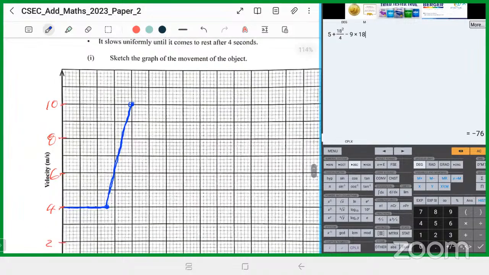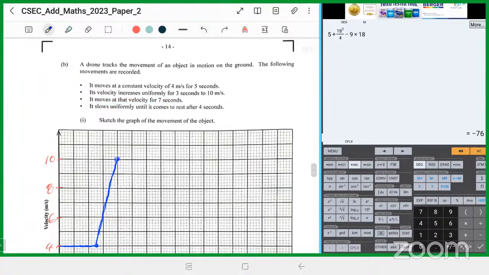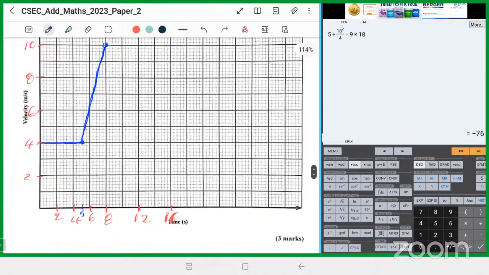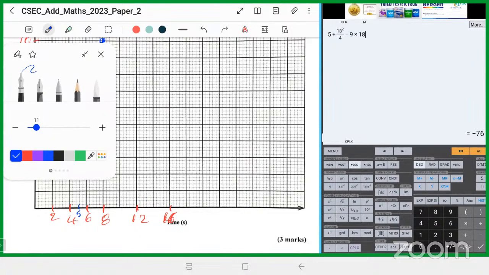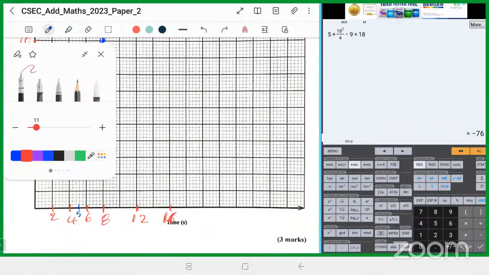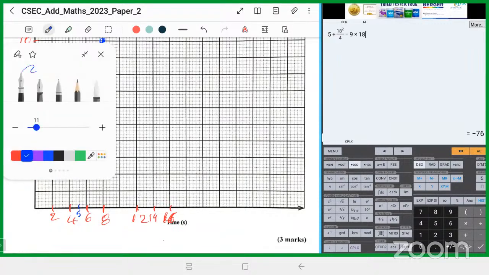That's the second phase. And then it moved at that velocity for 7 seconds. So what time are we? We are at 8, and 8 and 7 is 15. So this is 12. Right here is 14. Let's make sure we get the scale right. The 15 is right between the 14 and the 16.